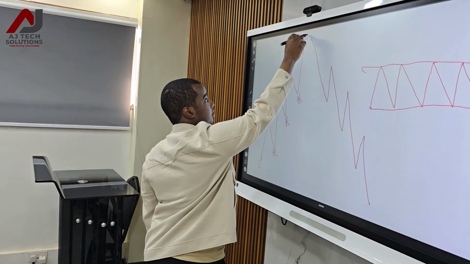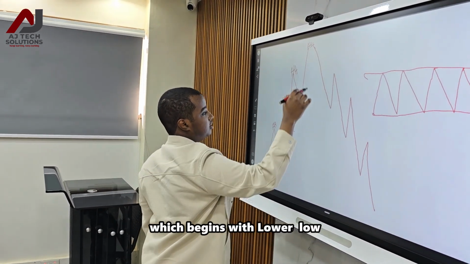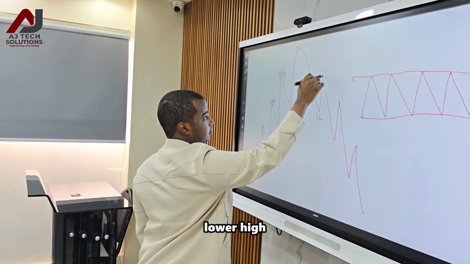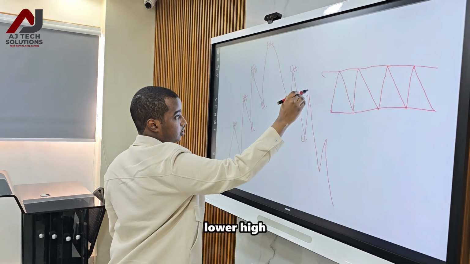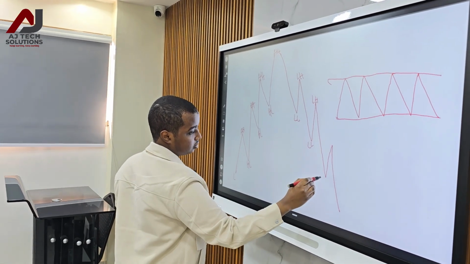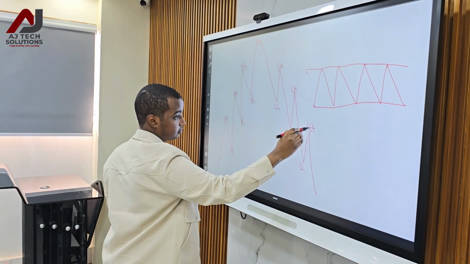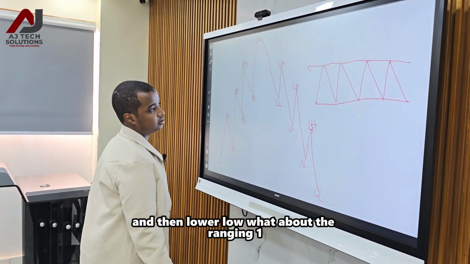High, high. Then we enter a downtrend market, which begins with lower low, lower high. Lower low, lower high, lower low, lower high, and then lower low. What about the ranging one?